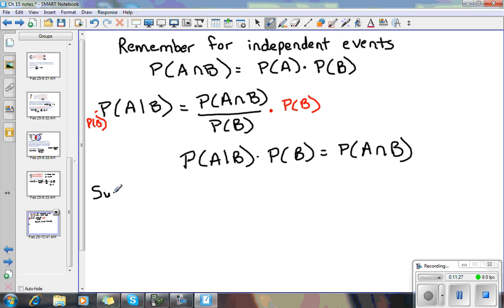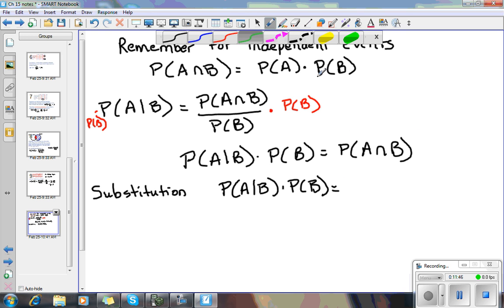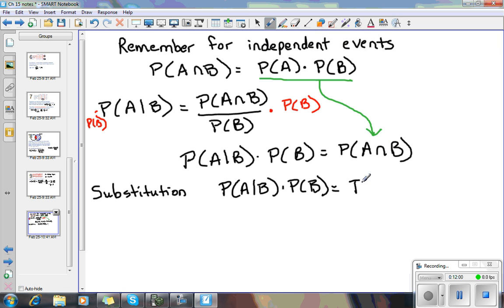Now I'm going to use substitution. The left side here, the probability of A given B times the probability of B, equals this, but keep in mind that this right here is the same as this if they're independent events. So I can replace the probability of A intersect B with this statement here.